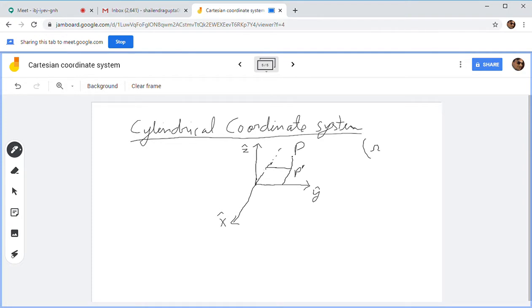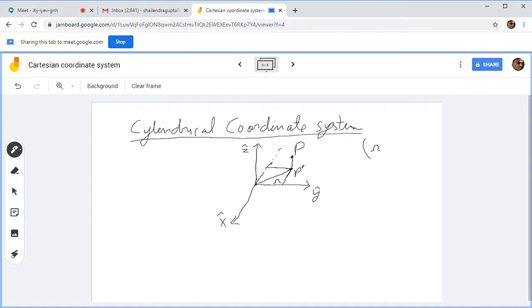So this is your main point P, and this P dash is the reflection of your P on the xy plane. Now, what is R? R is the radial distance from your origin to your P dash.